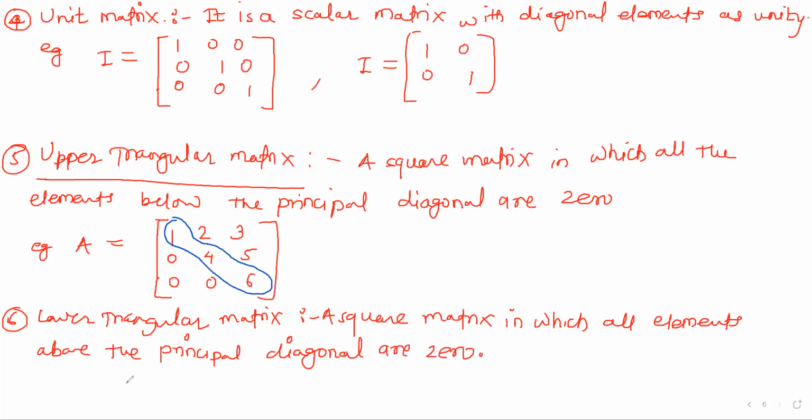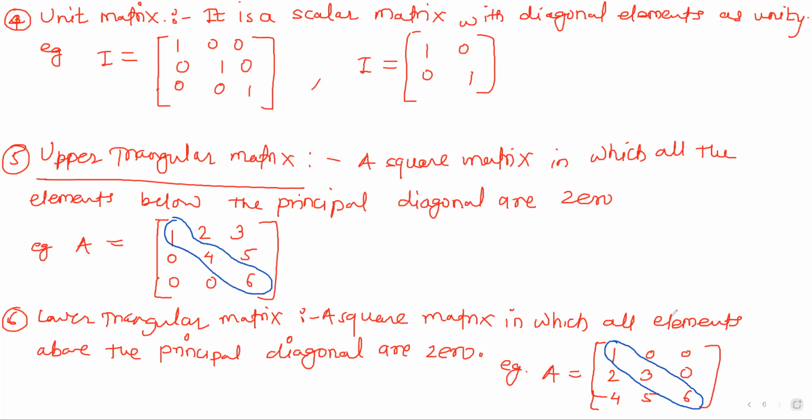For example, let us say A equal to 1 2 3, 1 0 0, 0 4 5, 6. Sorry, let me write it properly: this is a lower triangular matrix where this is your principal diagonal, and above the principal diagonal all elements are 0. Is it clear to everyone?